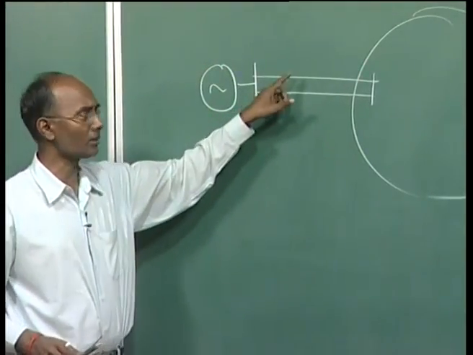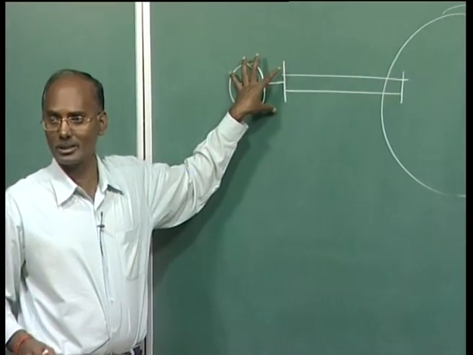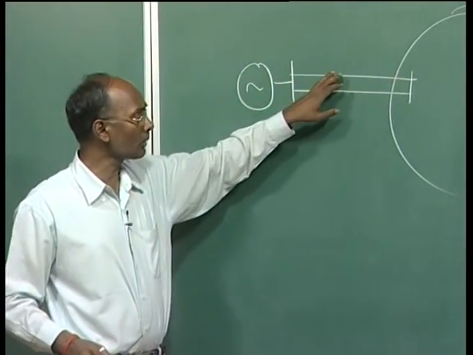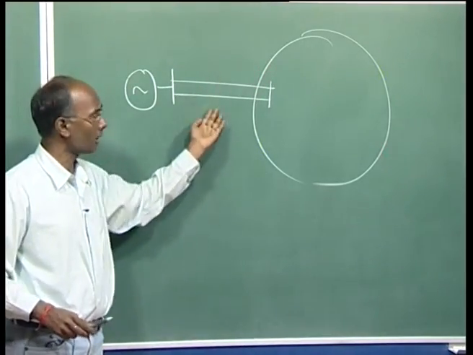Suppose there is some problem and only one line is there, we do not want to stop the generating station, because huge cost is involved. So, if there is a problem in one line, another line can be used, and normally these parallel lines are used.